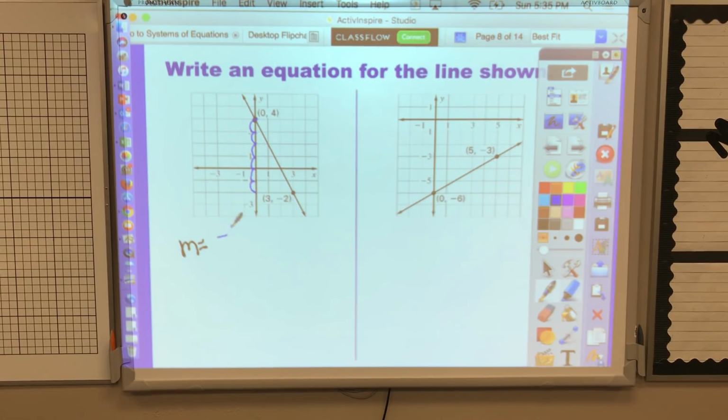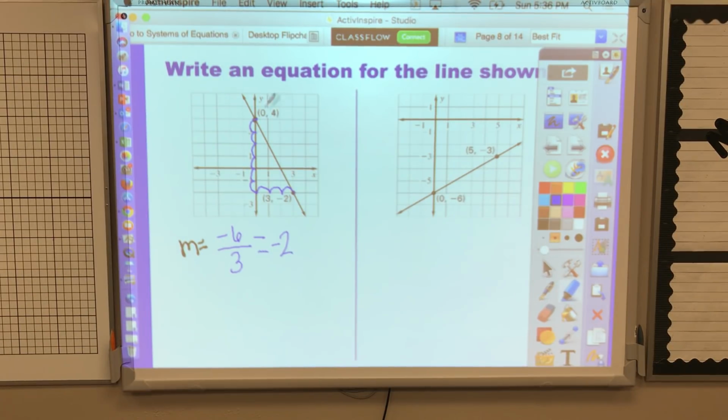So my rise is -6. My run, 1, 2, 3. And to find slope, you should always start at the point on the left so you know if that rise is positive or negative. You know if your slope is positive or negative. We have to simplify that. -6 divided by 3 simplifies to -2.